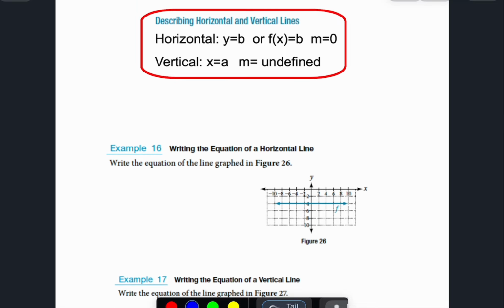So if they say to write an equation of the line graph, the first thing you want to notice is the fact that it's a horizontal line and that our y value is stuck at -4. Now, if our y value is stuck at -4, that is the equation of the line. It's always going to be y equals a number.